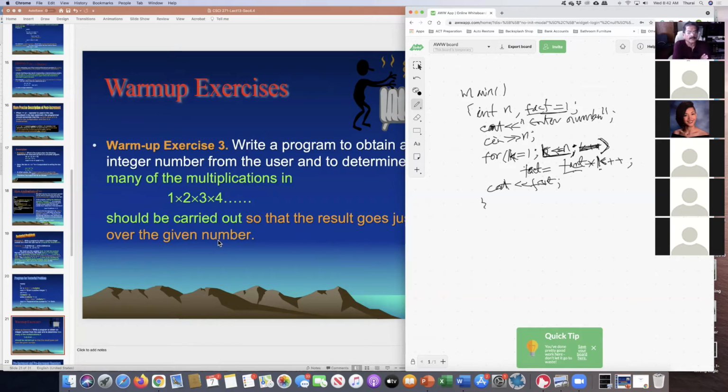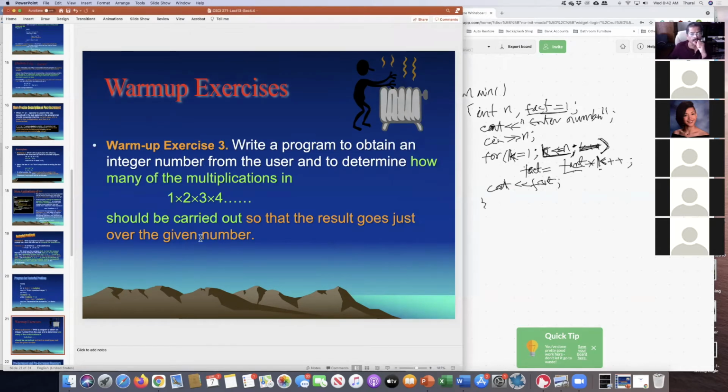Okay, so warm-up exercise. This one says, write a program to obtain an integer number from the user and determine how many multiplications, 1, 2, 3, 4, these multiplications, how many of these have to be done for the number to go just over the given number.